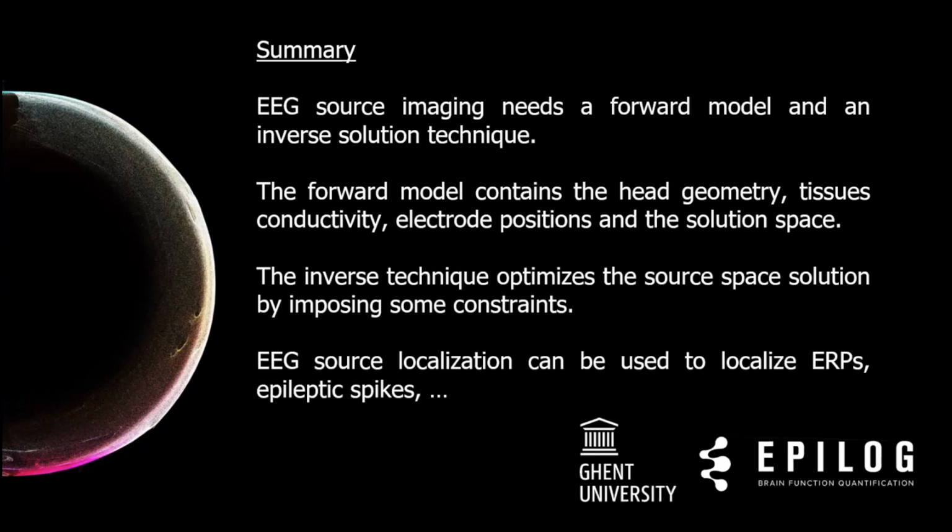So that allows you to look at these brain responses to certain events on a millisecond scale, and you can also localize them inside the brain on this millisecond scale. And of course, for epileptic spikes, but also for epileptic seizures, it's very good to localize where the activity comes from, so you can help treat the patient.